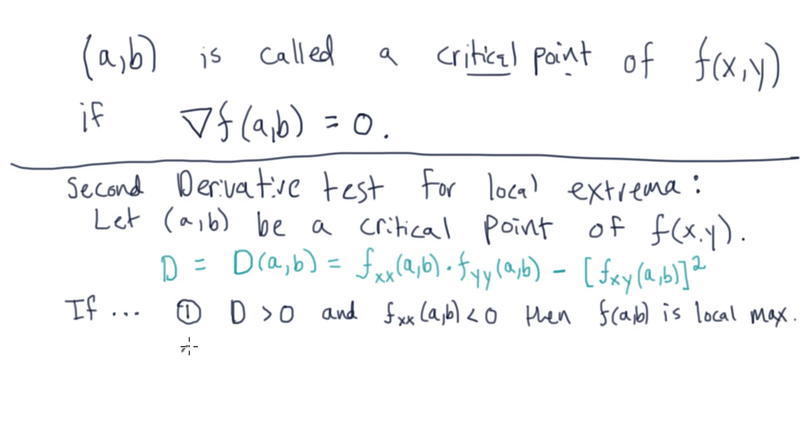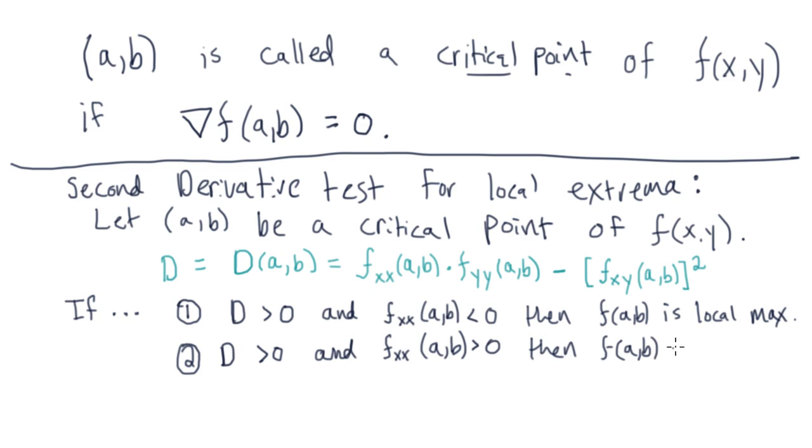Secondly, if D is greater than 0 and f_xx of (a, b) is greater than 0, then f(a, b) is a local min.